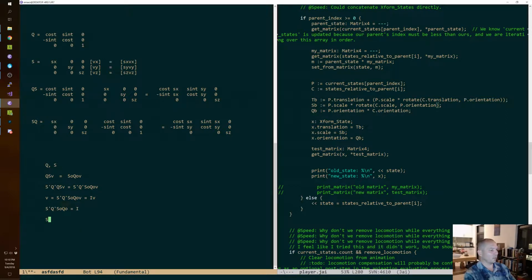So SO, QO equals, we can multiply by S on the left and then multiply by Q on the left. But we knew that. Or we kind of knew that.